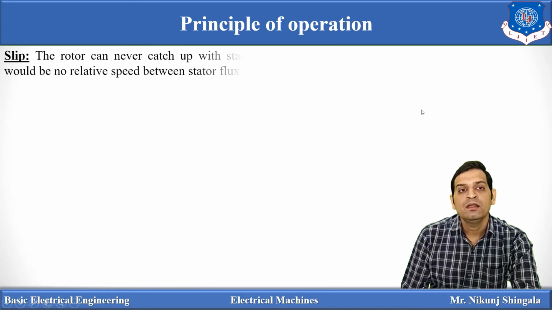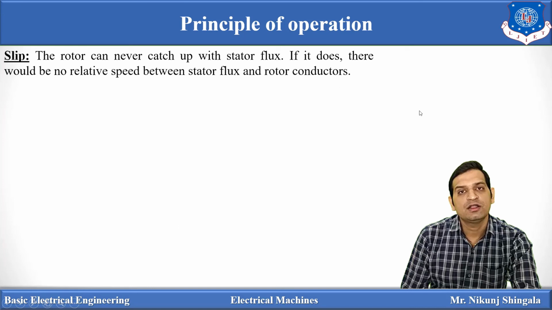Now, slip is a term related to the motor. The rotor can never catch up with the stator flux. The speed of the rotor will not be the same as the speed of the rotating magnetic field, that is, the synchronous speed. If it does, there will be no relative speed between the stator flux and rotor conductors.